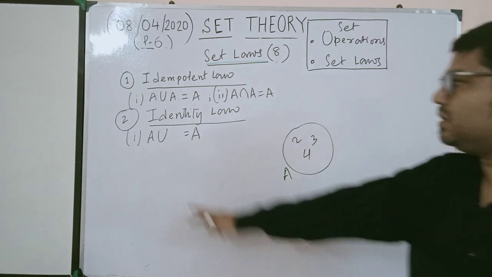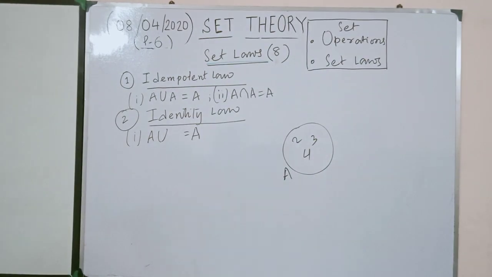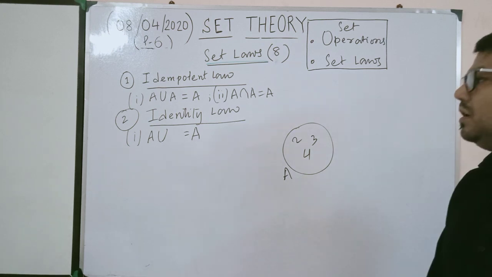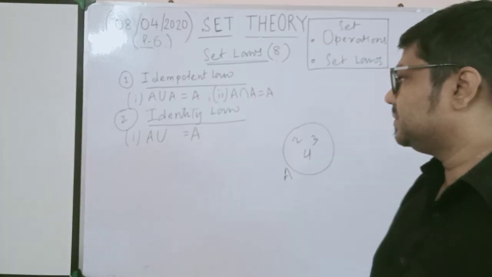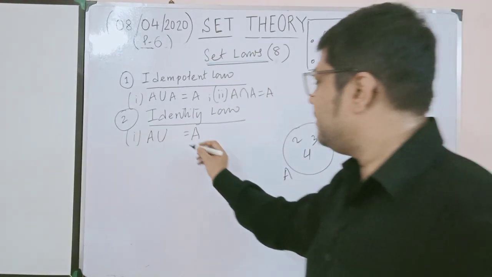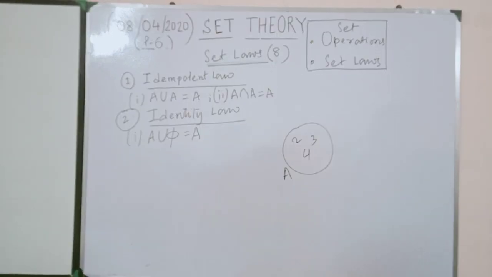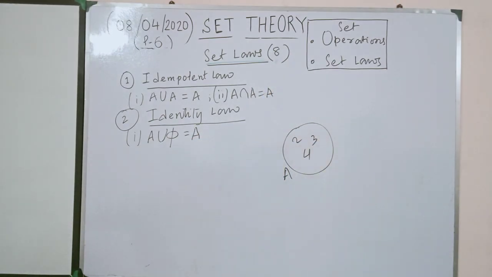We already did that, union between the same sets will give you A, but here we are not going to unite the same set A but a different thing. So what could that be? If you unite a null set with it, you will get A. A null set means it will have no elements, so you get A.